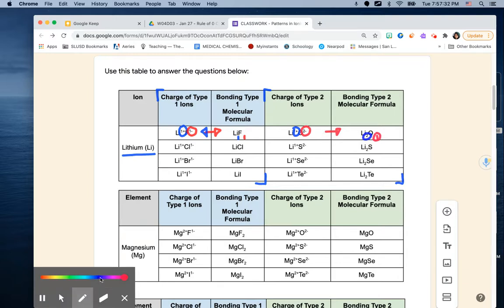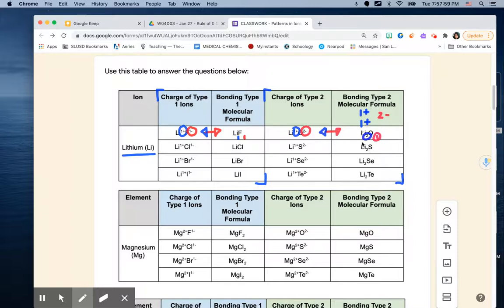And if you're looking for this pattern, still want you to pay attention to the charges, right? Remember that Li has a charge of 1 plus, and when they combine, I have 2 Li's this time, and 1 O.